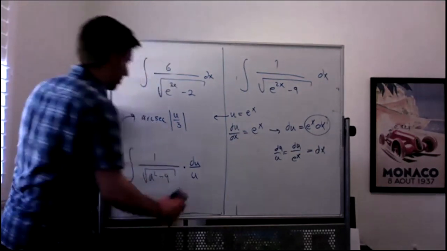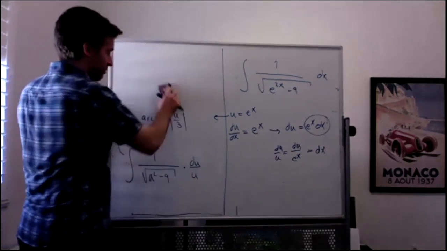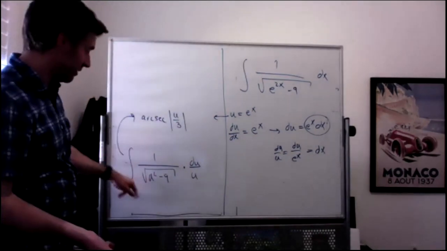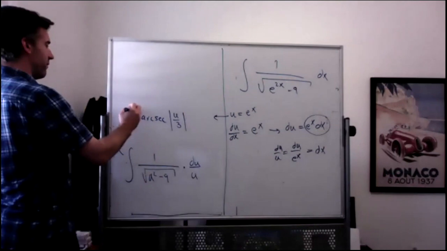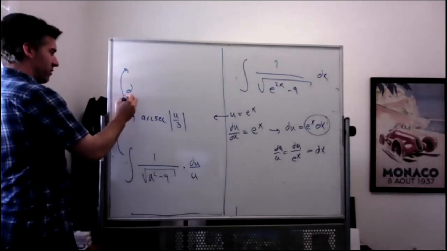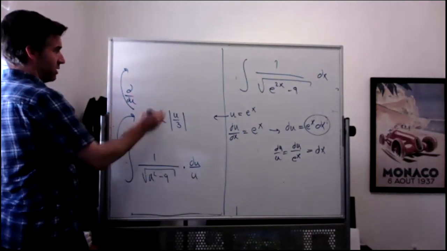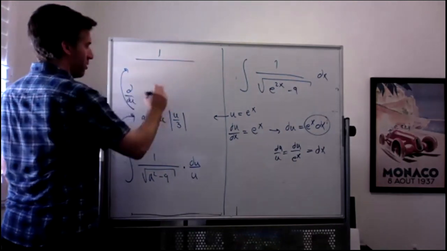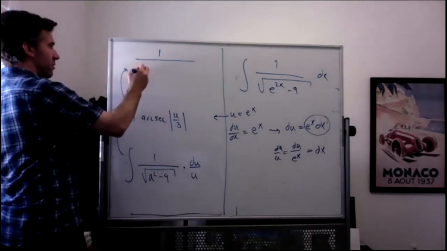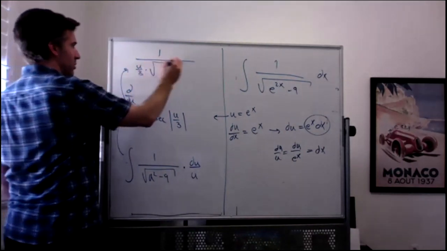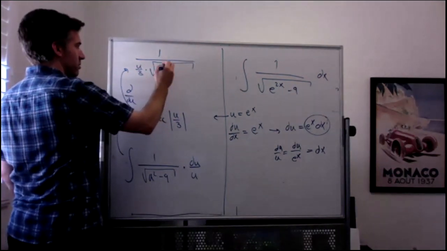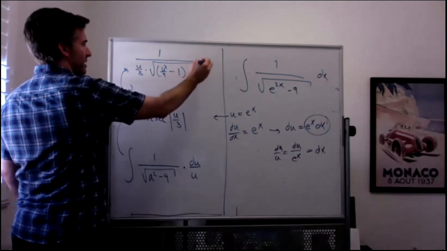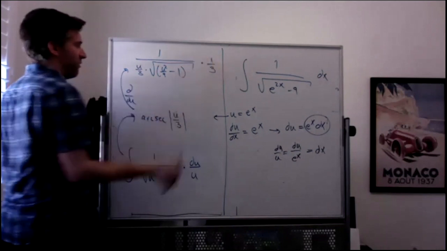So the way I would check is by taking the derivative of this and seeing if I get that. The derivative of arc secant of stuff is 1 over your stuff times the square root of your stuff squared minus 1 times the derivative of your stuff.